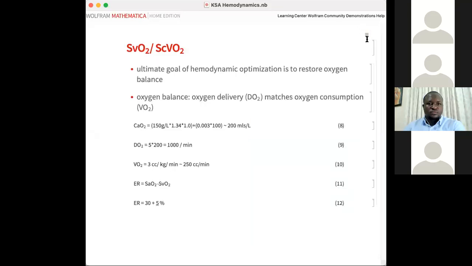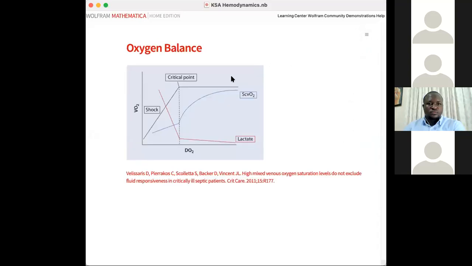Of course, the central venous saturation is very important. We've been monitoring it for a long time. A state of oxygen balance is characterized by a central oxygen saturation of 75, like we have alluded to earlier. And what happens is that when your oxygen delivery is falling, your oxygen consumption will remain constant for a long period.